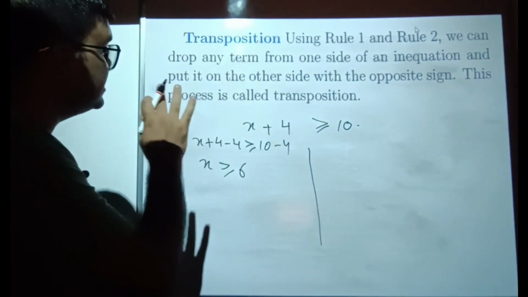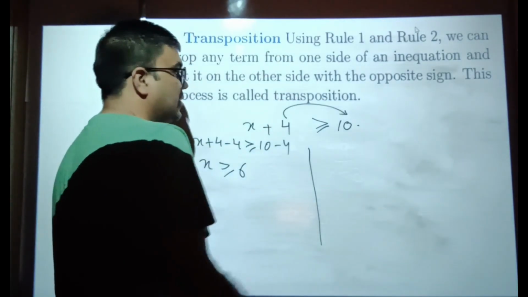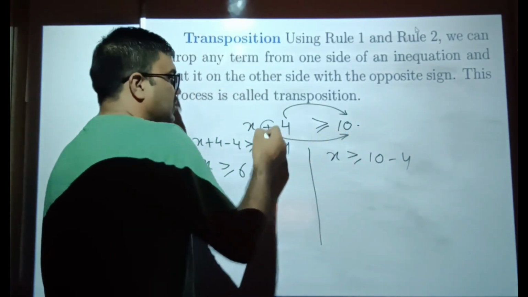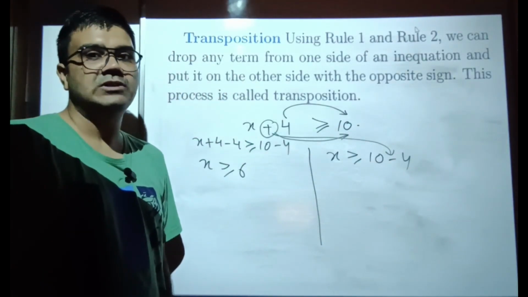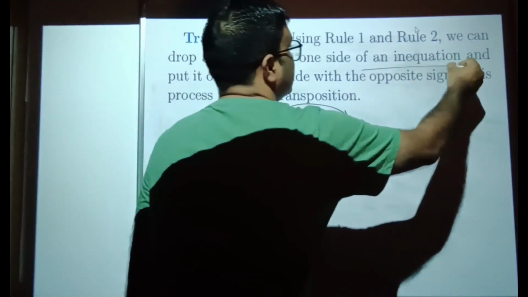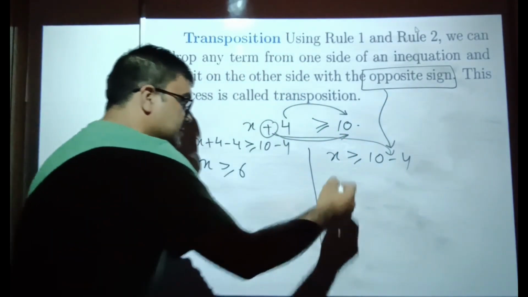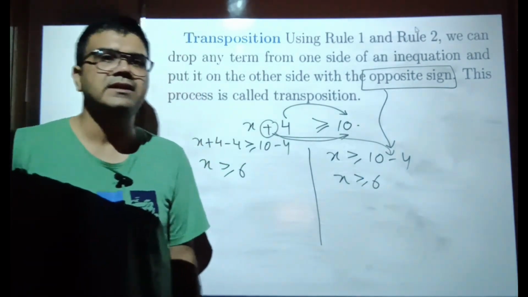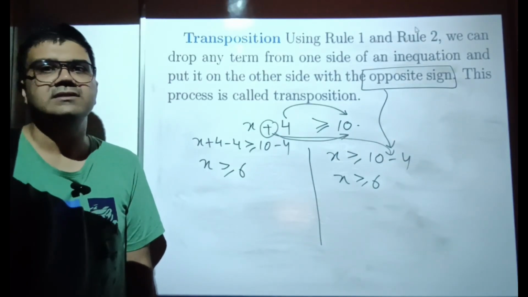What transposition says is that in place of doing this, we can just shift this term to the other side and write x is greater than or equal to 10 minus 4. Whenever you shift a term to the other side, if it is a negative sign, it will become positive. If it is positive, it will become negative. We use the opposite sign. So the answer is x is greater than or equal to 6. These are very basic calculations that you have studied in your previous class, so I am just trying to make you recall these ideas.